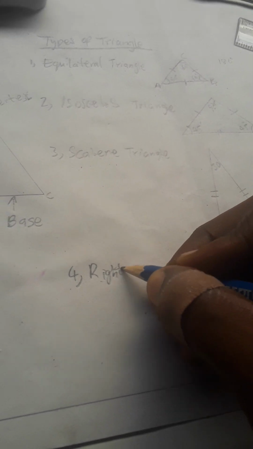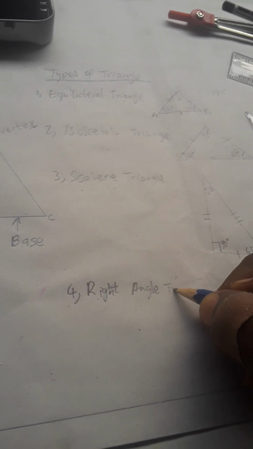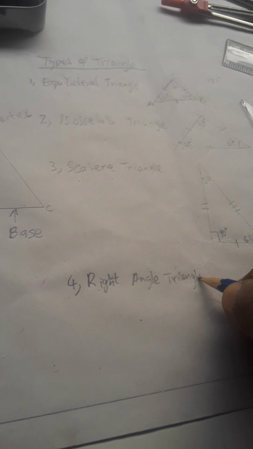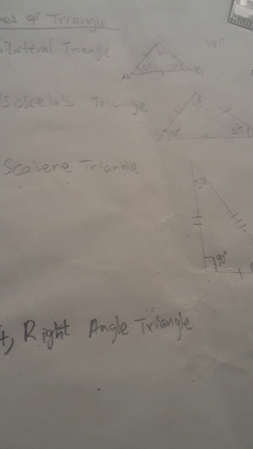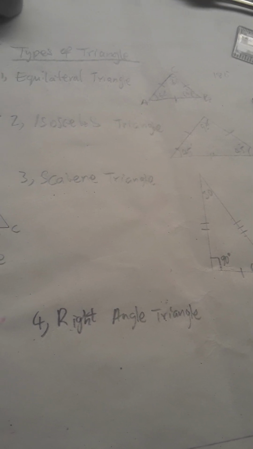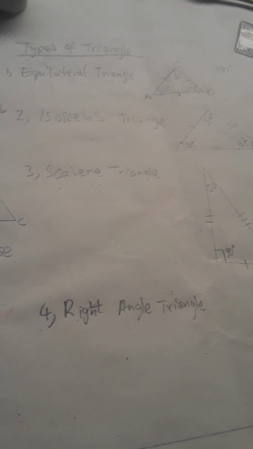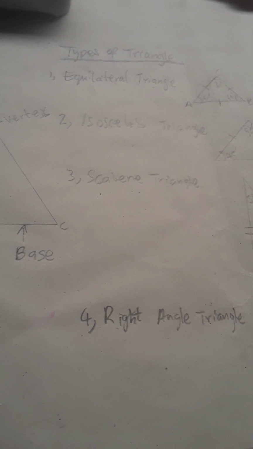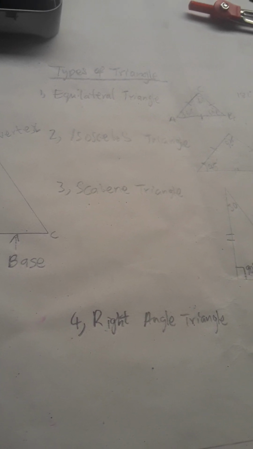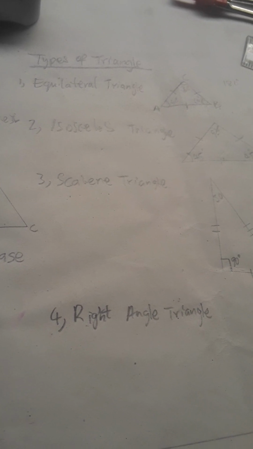Yes, a right angle triangle is a triangle that has one of its angles equal to 90 degrees. You heard me. It's a triangle that has one angle as what? 90 degrees. So a right angle triangle has one of its angles equal to 90 degrees.